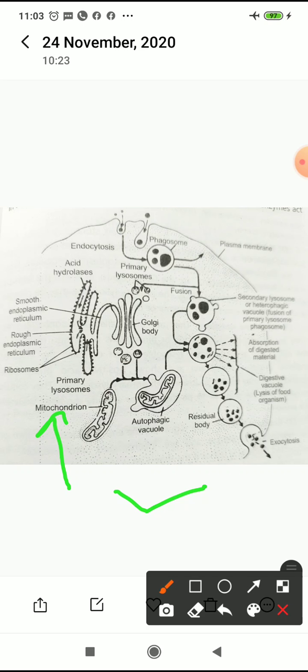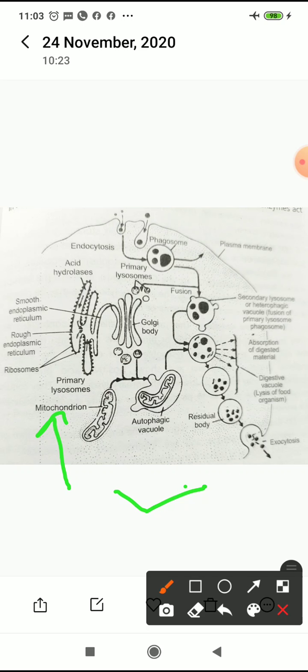Pinocytosis means incorporation of liquid material, and phagocytosis means intake of solid material. So lysosomes play an important role in intracellular digestion.